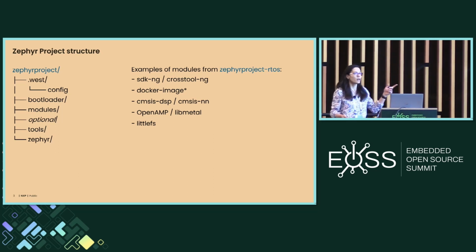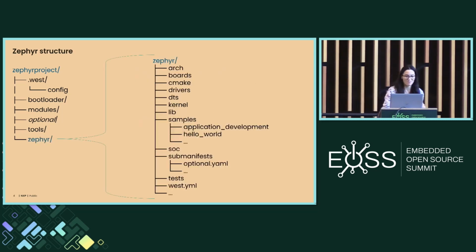Docker image provides a Docker image for Zephyr development and testing. CMSIS-DSP and CMSIS-NN are optimized libraries used for computation and neural networks. OpenAMP and libmetal are examples for inter-process communication. LittleFS is an example of a fail-safe file system designed for MCUs. And there are more, others.